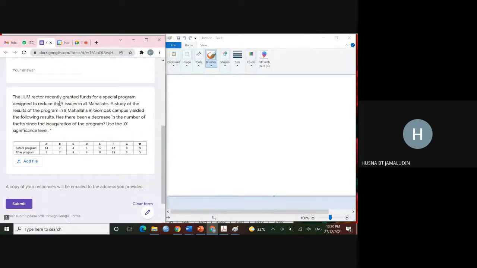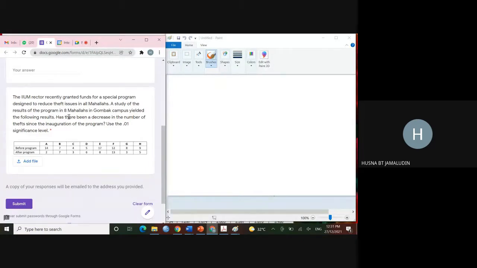The IIUM Rector recently granted funds for a special program designed to reduce the theft issues in all mahallas. A study. When we talk about a study, we are referring to a sample. A study of the results of the program in 8 mahallas in Gombak campus yielded the following result.